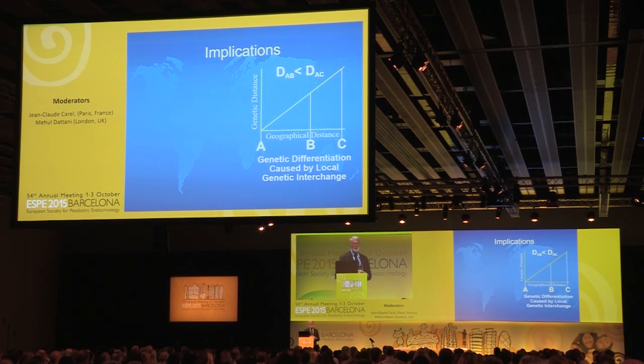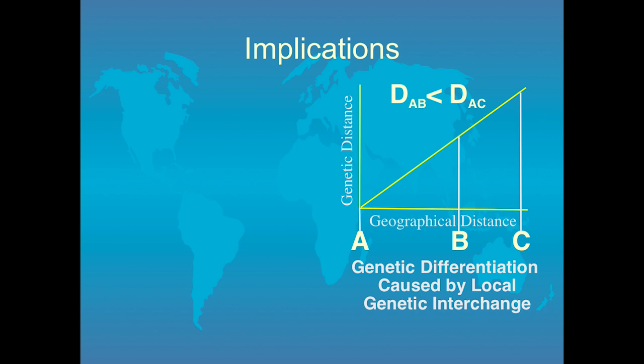Now, there are many implications of this. You may have noticed that in that model, most of the gene flow in humans, the genetic interchange, fit what we call an isolation by distance model. Because genes can replicate, you don't have to have, say, an African going all the way to China to have gene flow between Africa and China. Rather, they just interbreed with nearby populations, and each population is a stepping stone.